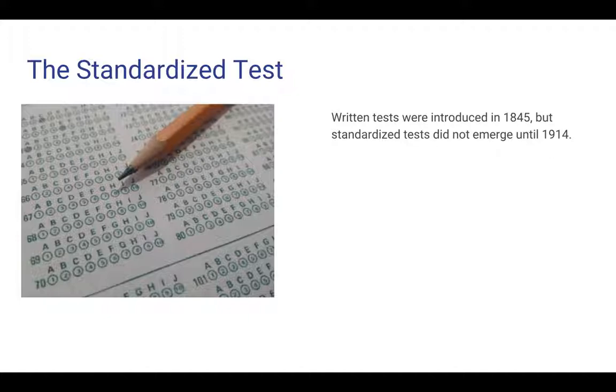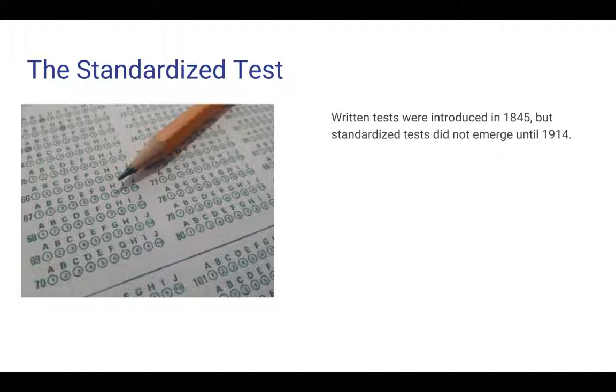That's because in 1905, Alfred Binet and Theodore Simon created the first standardized test, a 20-item IQ test that was used in France to identify students that they thought were unable to be successful in school. By 1914, the American version of Binet's test was published.